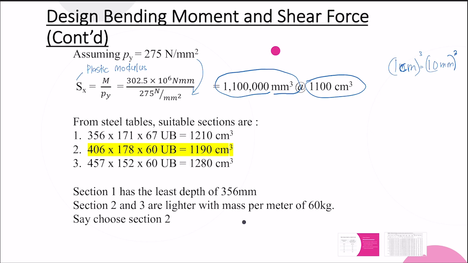Divide by 1000, so you get 1100 centimeter cube. After that, we are going to find the suitable section, which means we need to find the section whose Sx, the plastic modulus about the X axis, is bigger than this value because this is the minimum value.